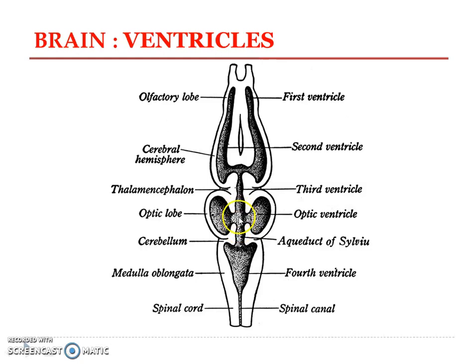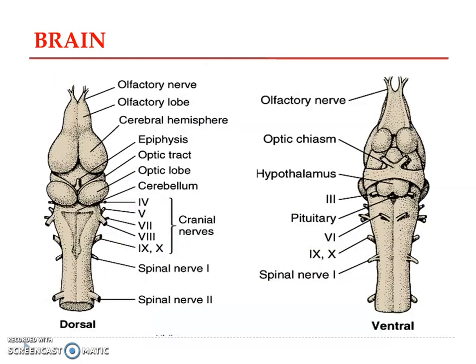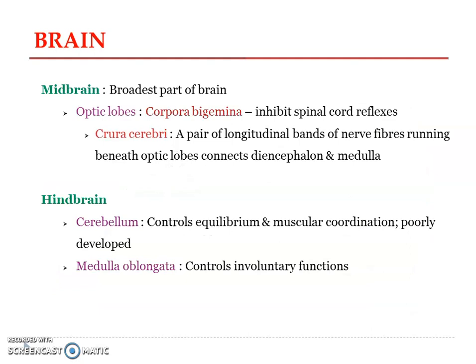They communicate with the aqueduct of Sylvius, or iter, and through the iter it opens into the next ventricle, the metacele in the medulla oblongata. It continues into the central canal of the spinal cord. So this is the figure. You have to learn the diagrams of the brain of the frog, and the figure which shows the major ventricles of the brain. I hope it is clear.